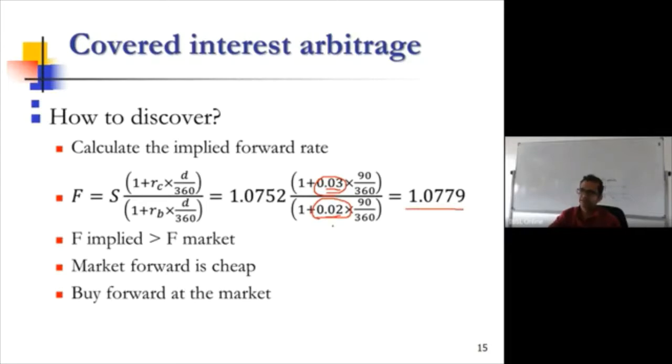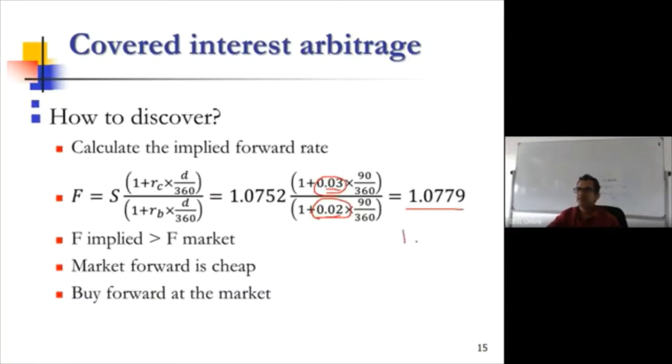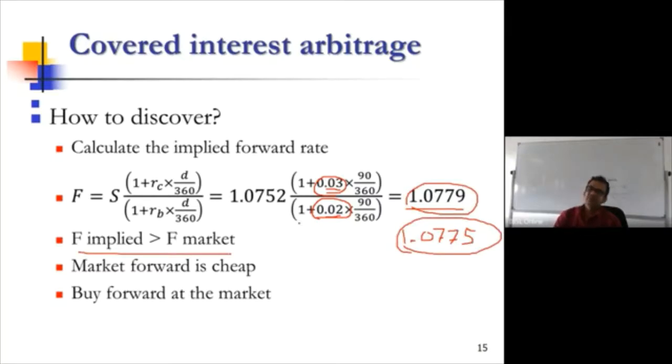forward rate. What is the market forward rate? 1.0775. So the implied rate is higher than the market rate. So there is an arbitrage opportunity.